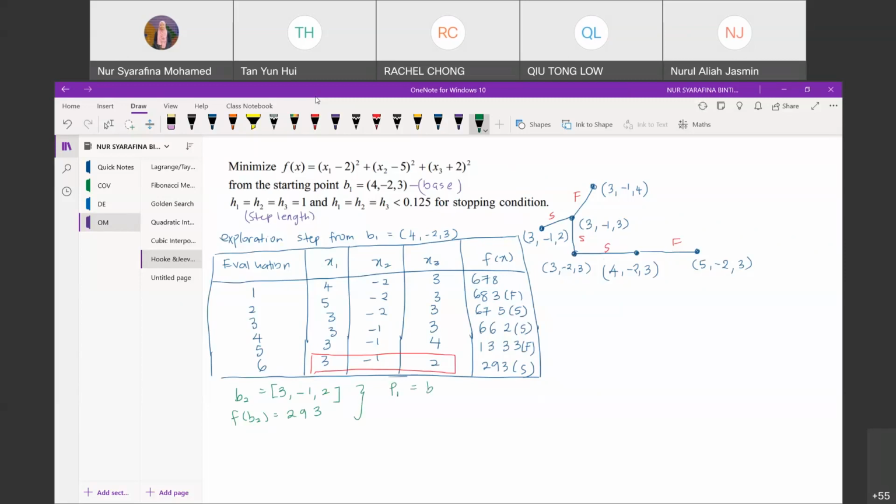P1 equals B1 plus 2 times (B2 minus B1), which gives you (4, -2, 3) plus 2 times ((3, -1, 2) minus (4, -2, 3)). So your P1 here is (2, 0, 1), and your FP1 equals 106. All right. Any question?